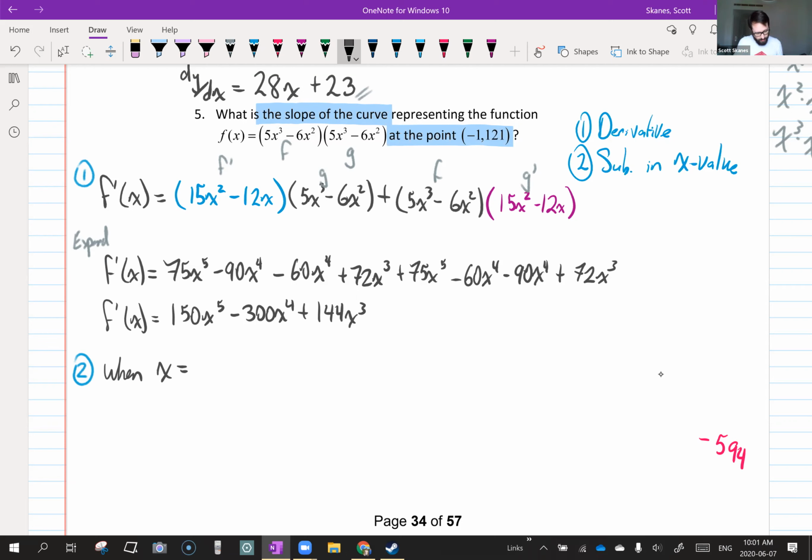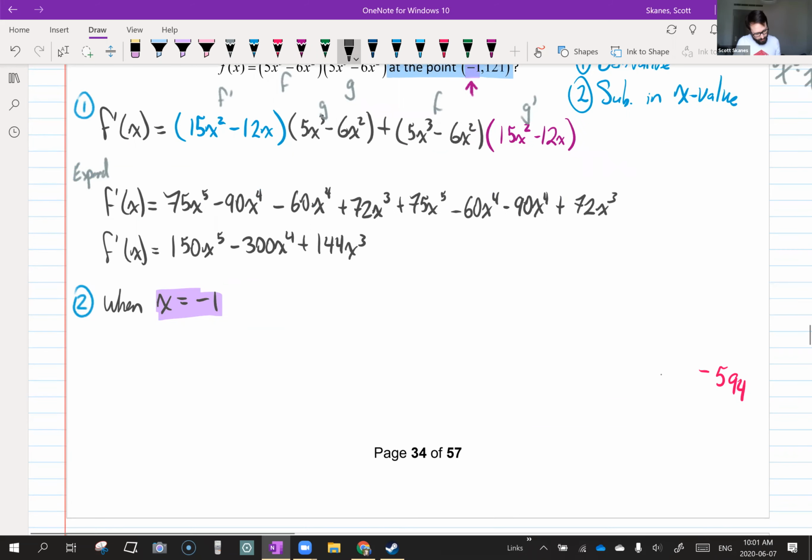Okay, so when x is negative 1, that negative 1 is from up here on top. x equals negative 1 from up here. Be careful not to use the other values. When x equals negative 1, what is this answer? Well, the slope, when x is negative 1, 150.